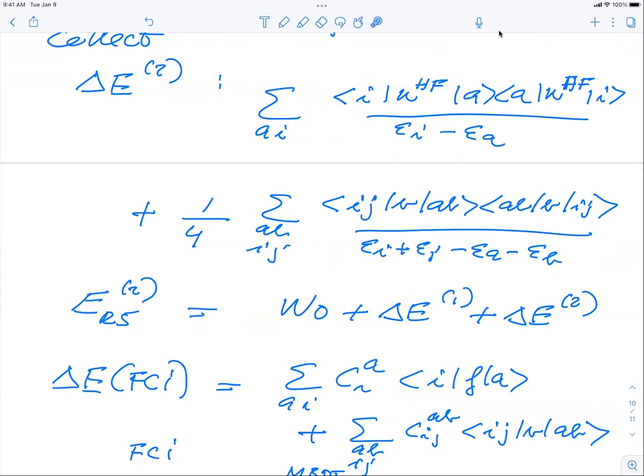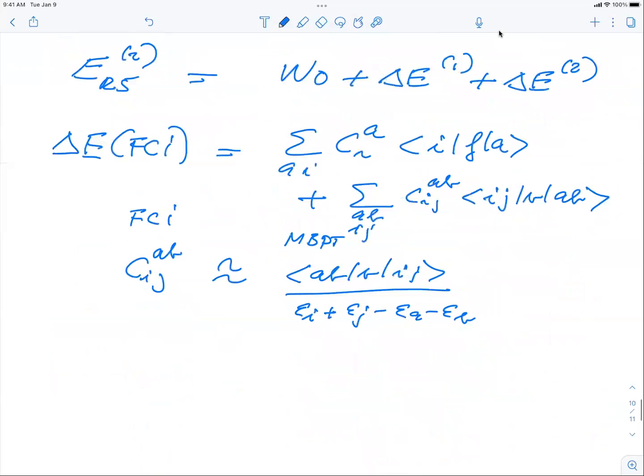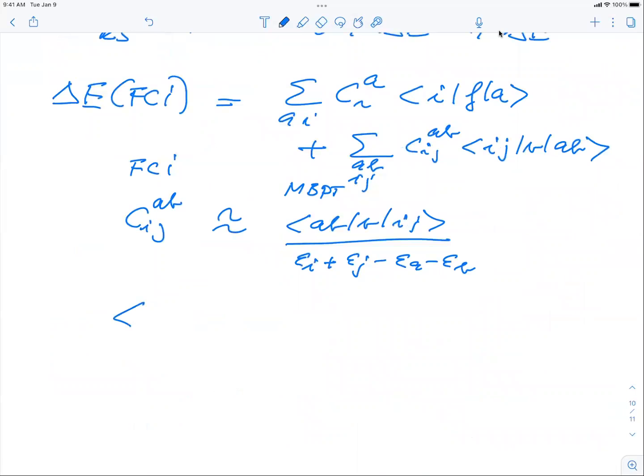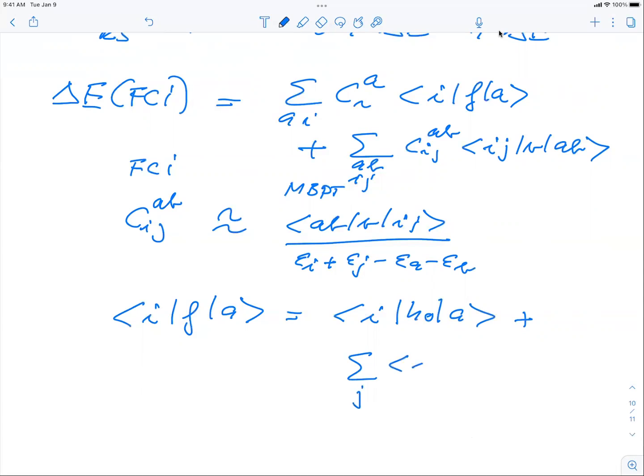But that's fully possible. You would just carry with you another term, which is easy to calculate, and which is actually 0. Because if you think of these A's, if you haven't done a Hartree-Fock calculation, let me just explain that. If you look at F, this I of F of A is given by I of H0 times A, plus this term, which we call the Hartree-Fock potential, which contains the sum over J. So this will be Ij, V, A, J here.